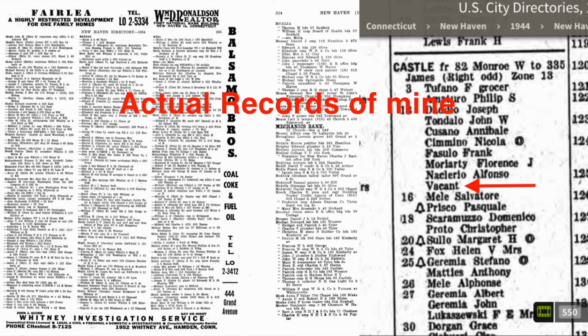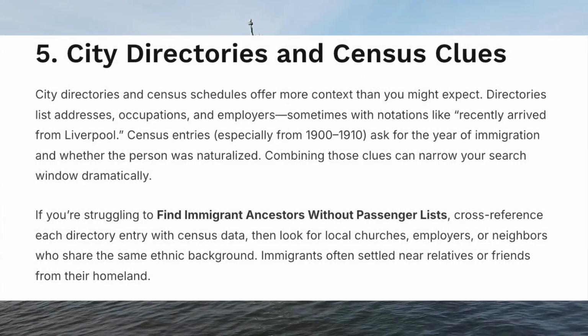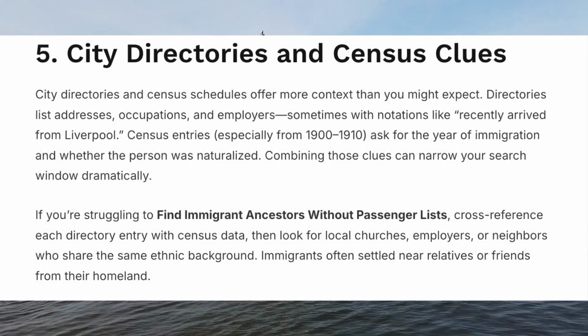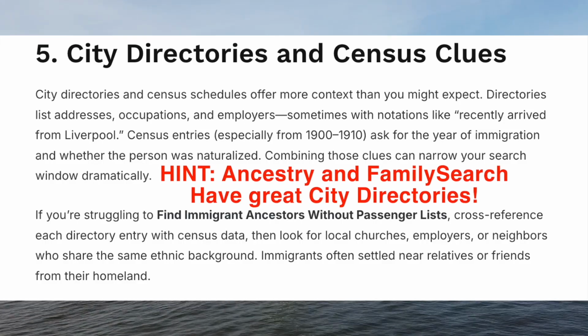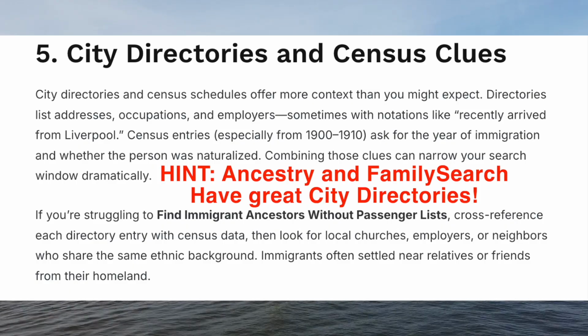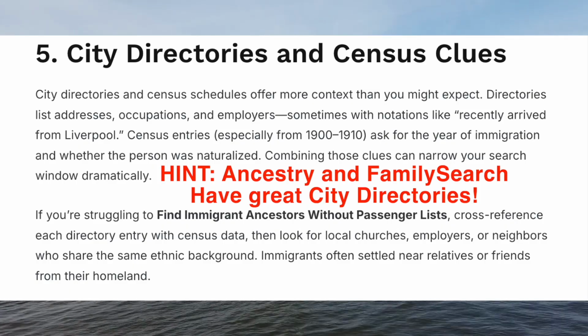As I searched through the city directories, I found relevant addresses nearby, and at the same address as my great-grandmother at one point in time lived these people who I suspected were her brothers, and it turned out to be true. This was a nice bit of corroborating evidence through city directories and census clues.